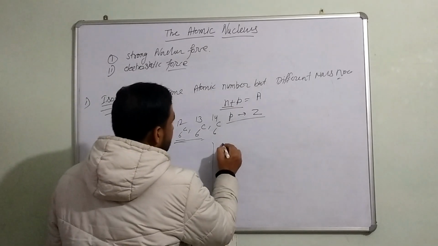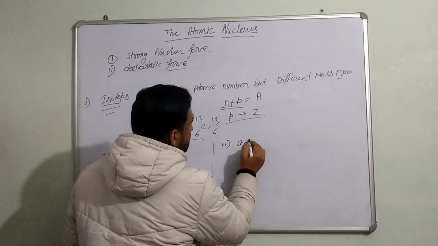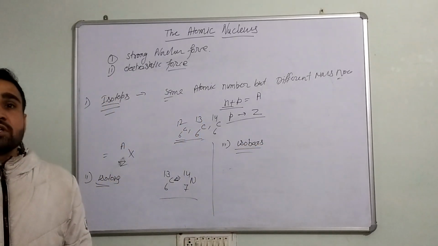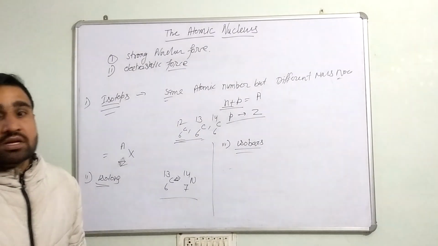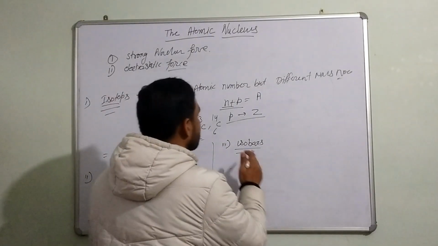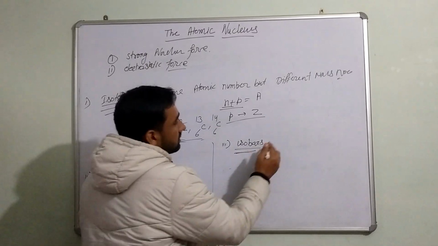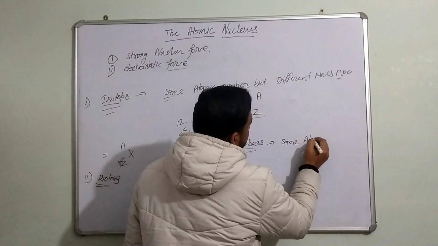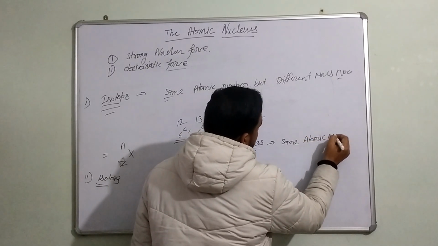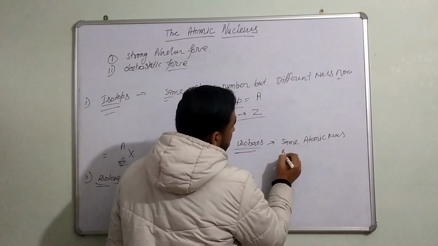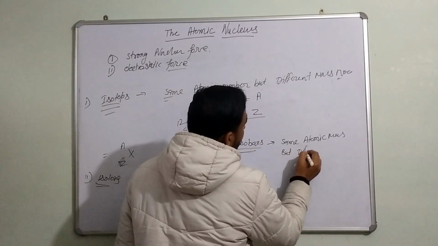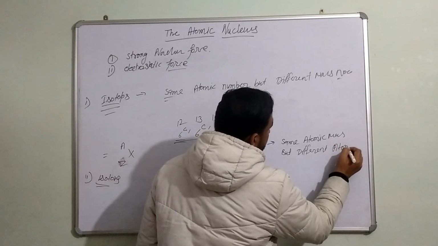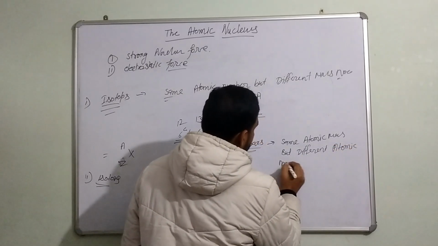Now come to the third, that is isobars. The nuclei which have the same atomic mass number but a different atomic number. So, same atomic mass but different atomic number.